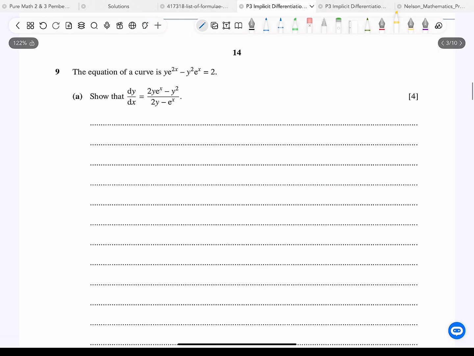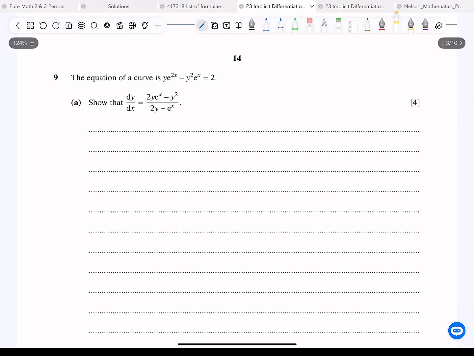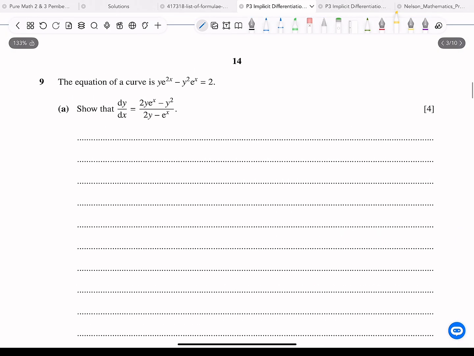All right, next question. We are told that we should show. Like I said, I like show, because when you make a mistake, it's easier to fix it. So we have y e^(2x) minus y squared e^x equals 2.